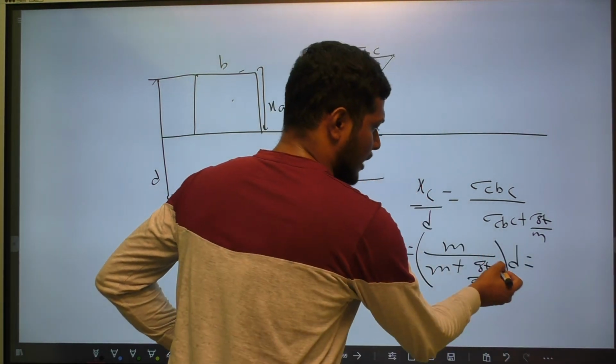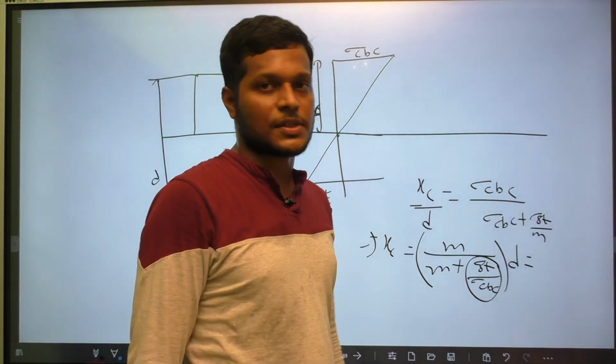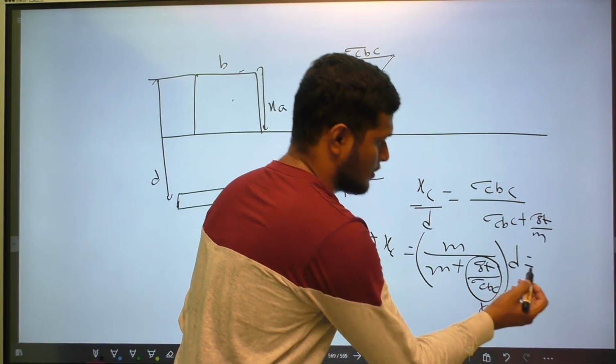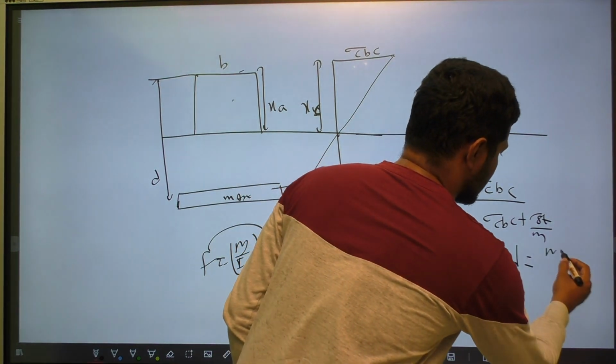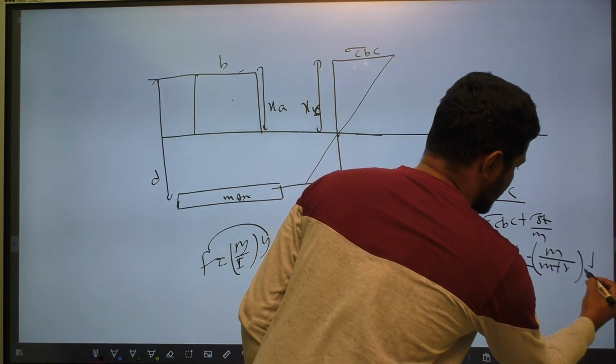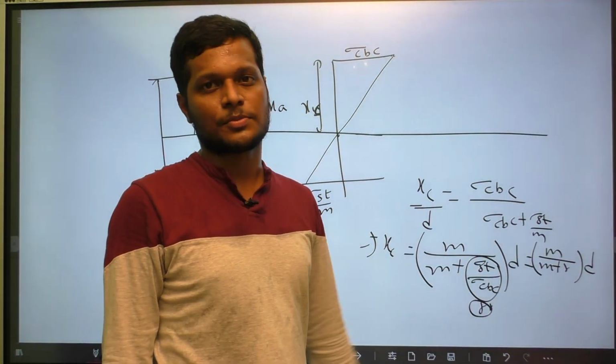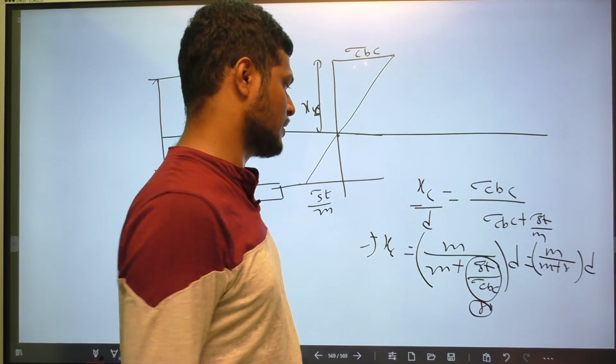Or I will write this sigma ST by sigma CBC as a constant R, where R is called the stress ratio. This R is called stress ratio because it is dividing the maximum permissible stress values. Okay.